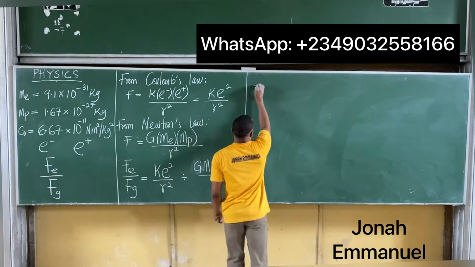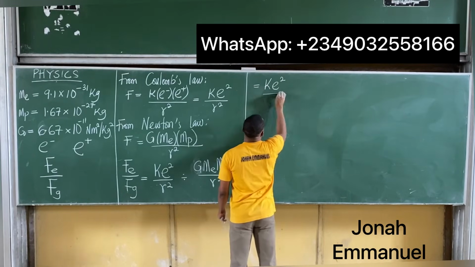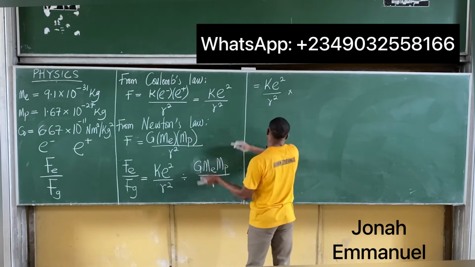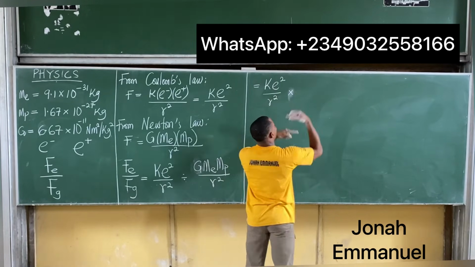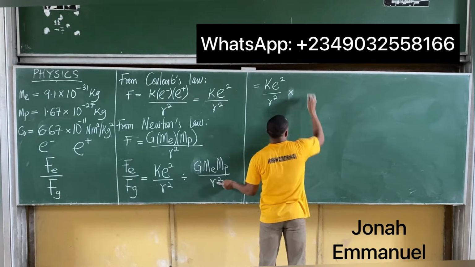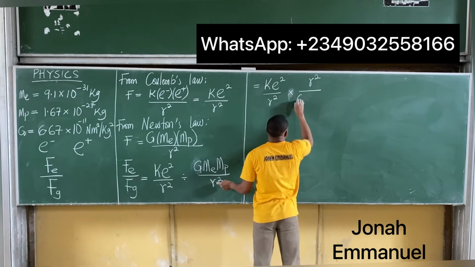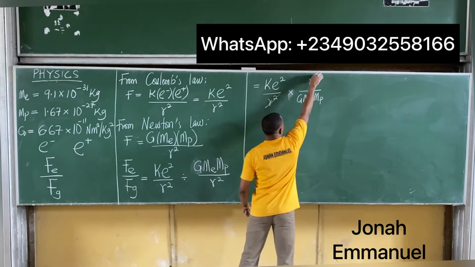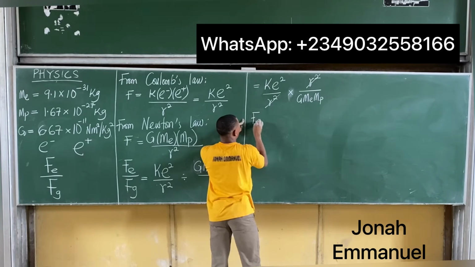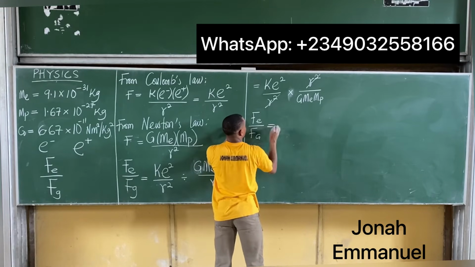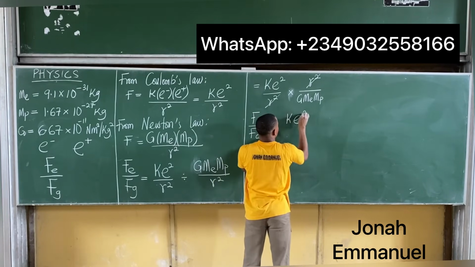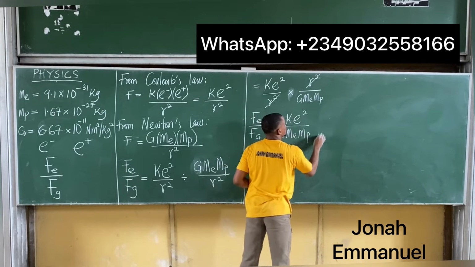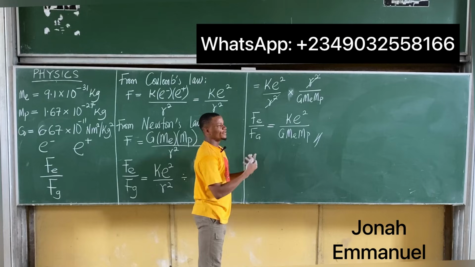This becomes equal to Ke squared over R squared. To divide a fraction, change that to times. Next, invert. So this one comes up, this one goes down. It becomes R squared all over G Me Mp. From here, obviously, this can cancel this. So that means Fe all over Fg is equal to Ke squared all over G Me Mp. We have successfully proven that it is independent of distance.